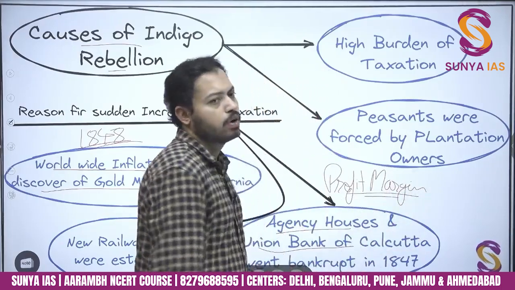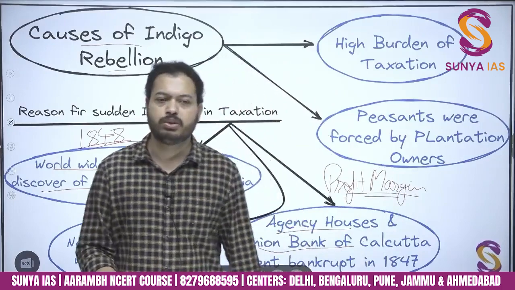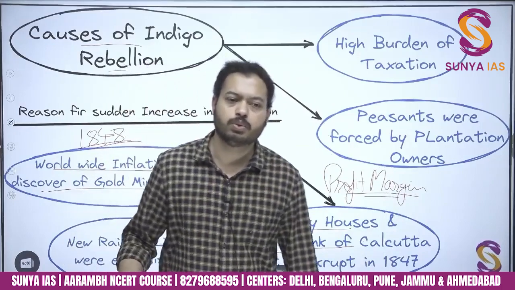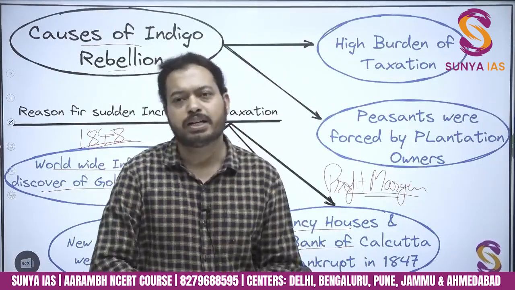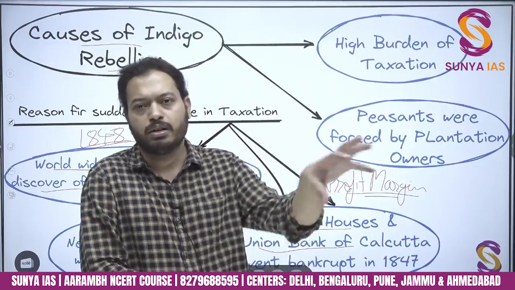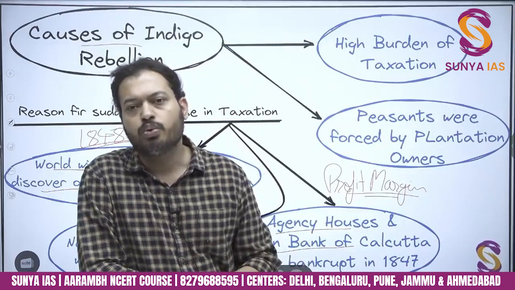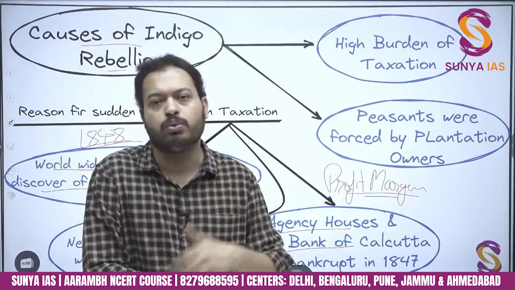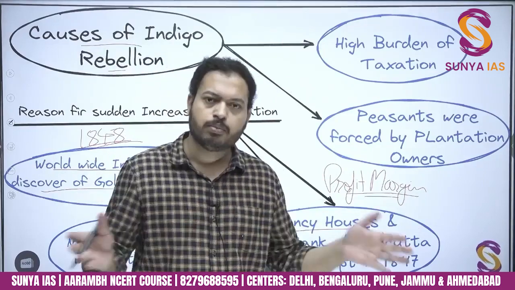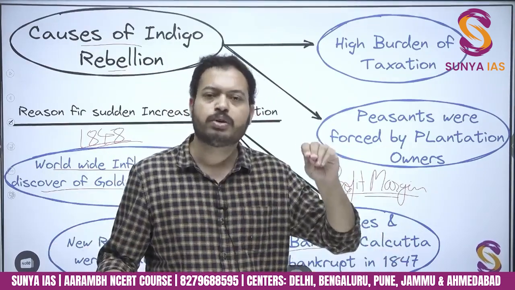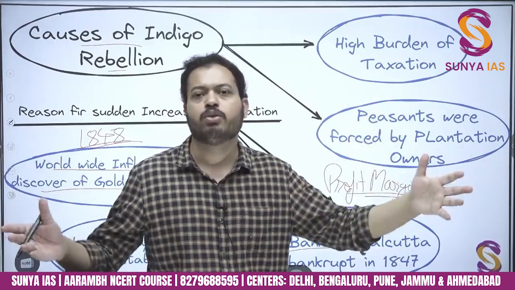Okay, when the profit margin of the plantation owners reduced, what did they start doing? They started demanding the local farmers to grow more indigo. So if there is more indigo, the reduced profit margin can be compensated by more indigo production.